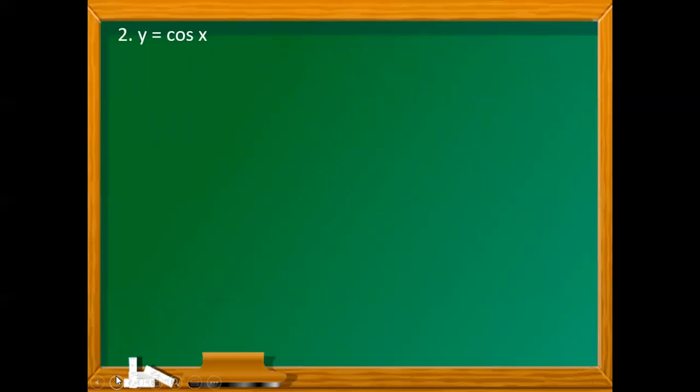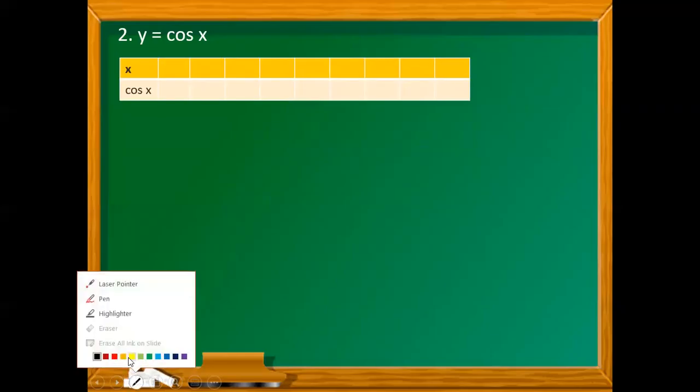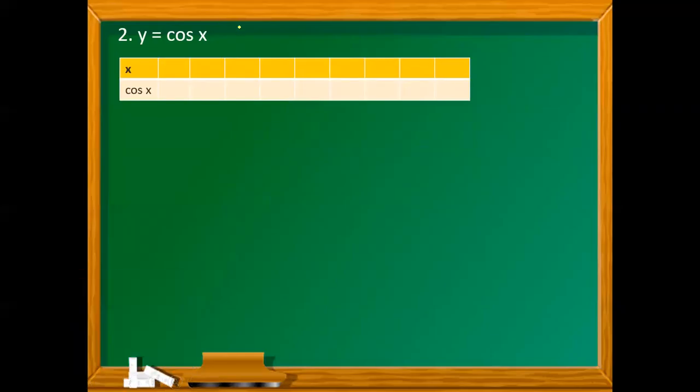How about y equals cosine x? So again, the period for cosine is 2 pi, and we're going to sketch the graph in a two interval graph from negative 2 pi to 2 pi.